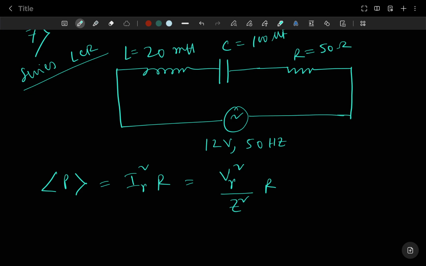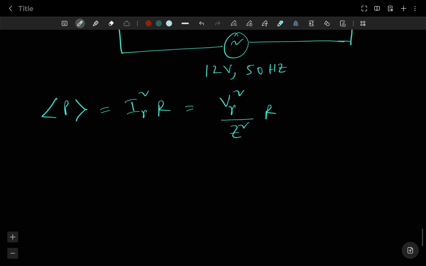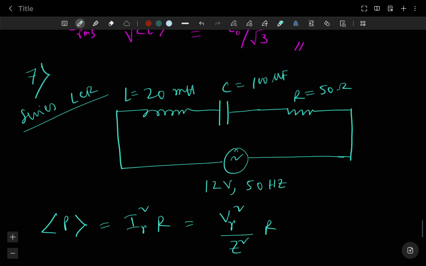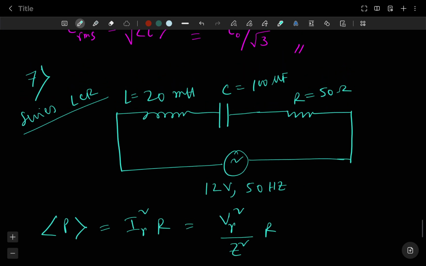See, Z is root over R square plus, this will be a bit, yeah, we have to do it.